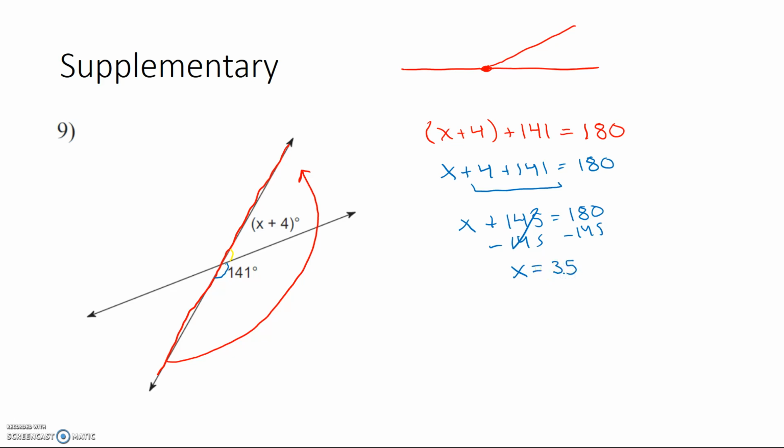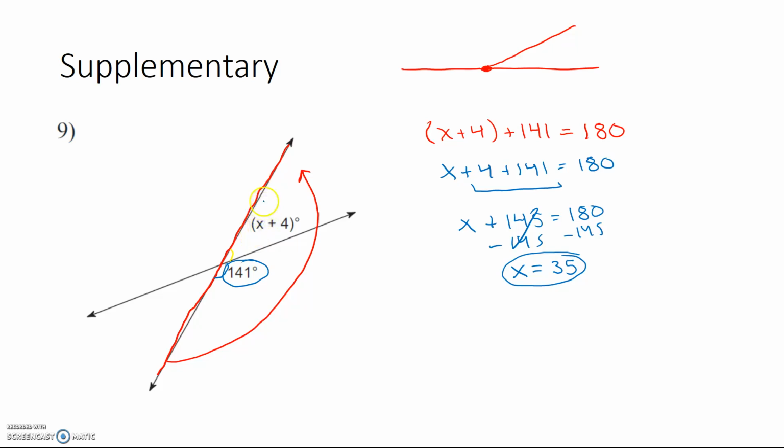Now, does that mean that this measures 35? No, guys, make sure we understand this part. This is what x is equal to. That's part of what the question's asking, but the important part is how many degrees each angle is. This one is 141, already taken care of. What I have to do now is take x and plug it back in.